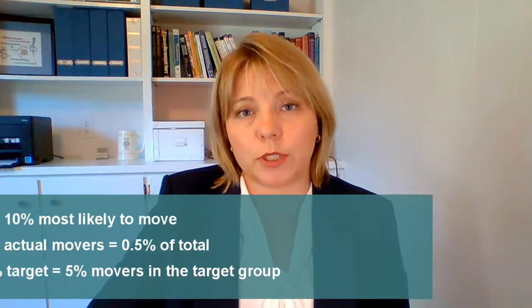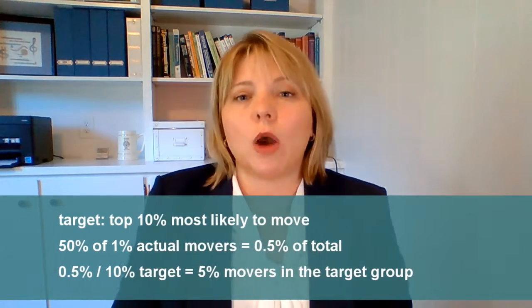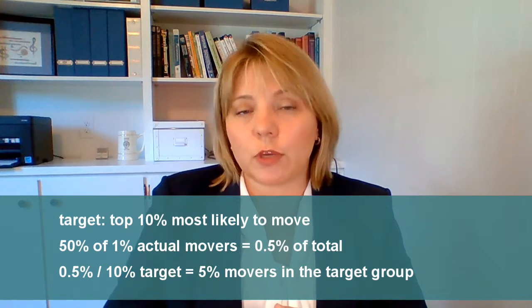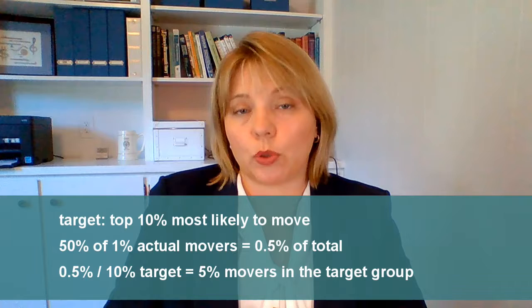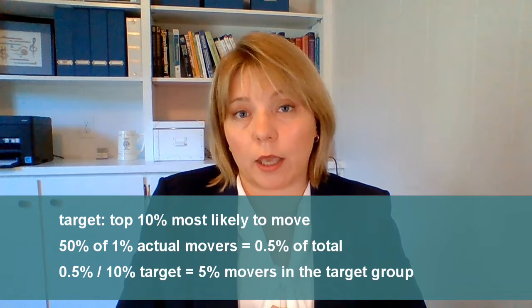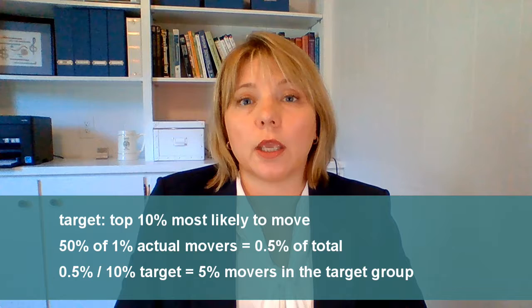So when we do a prediction, we pick out the top 10%, and we'll look at how many people in that top 10% actually moved. And it was 50% of all movers. So it's 0.5% divided by 10%. So 5% of that top decile, that's how it's called, are going to actually move.